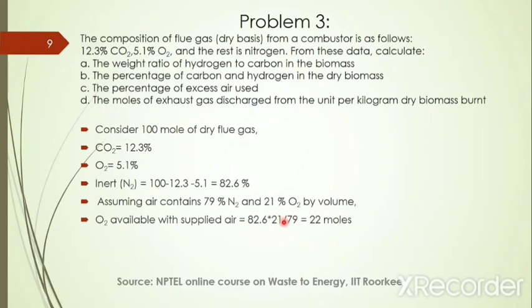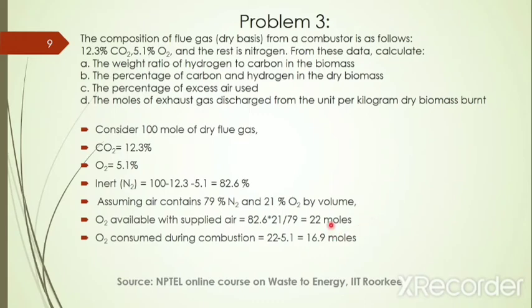Here, as in the previous problem, we can also assume 80 to 20, that will be 4:1 if you want. Then this will be 1/4. But here we are taking 21 by 79 for more accurate results. So this much mole of oxygen will be present in the supplied air. So nitrogen is 82.6 means oxygen will be obviously 22 moles.